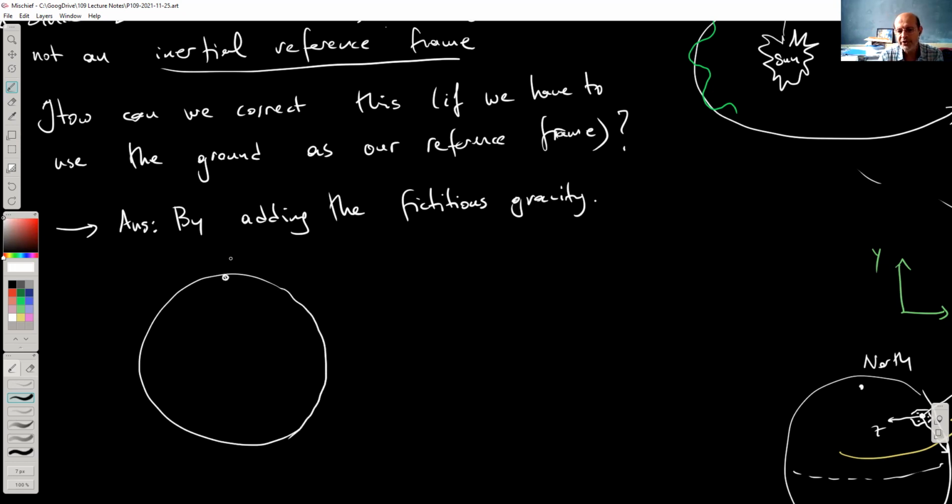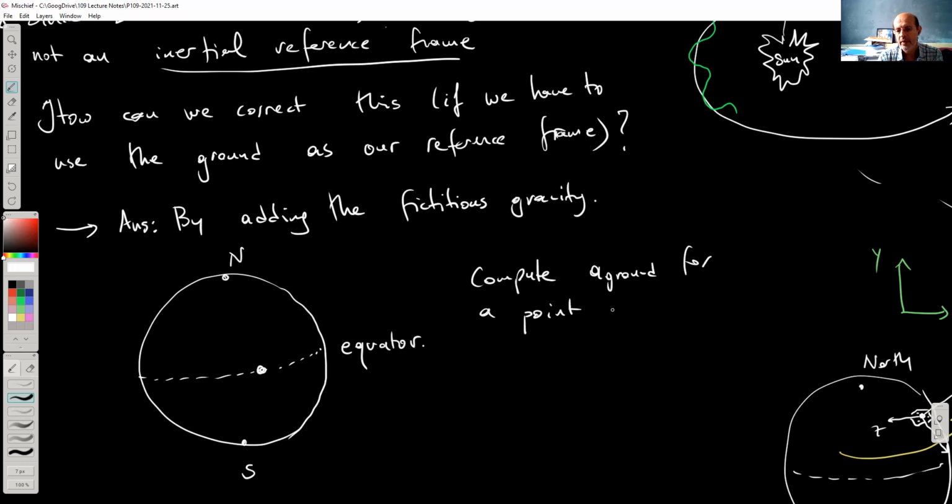This is the North Pole, that's the South Pole. Let's say that this is the equator. I'm going to compute the acceleration of the ground, let's say, for a point on the equator.